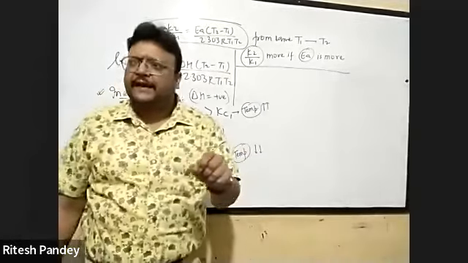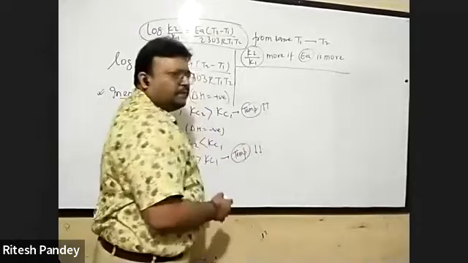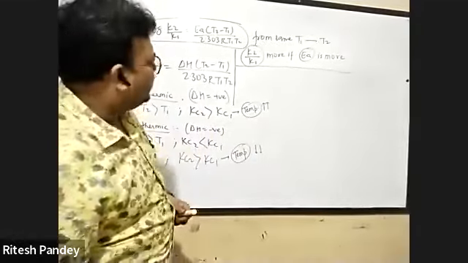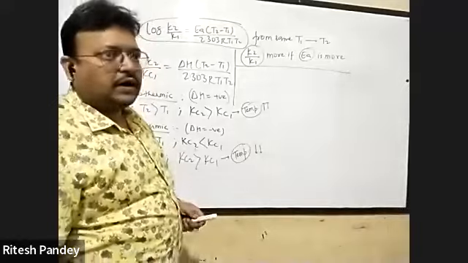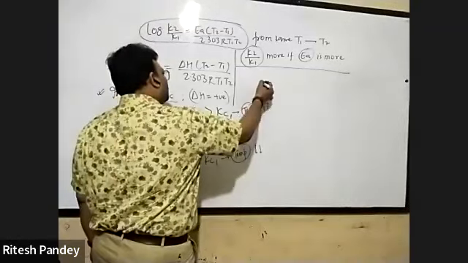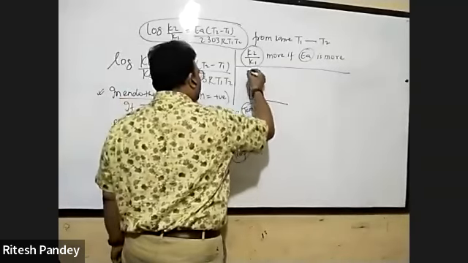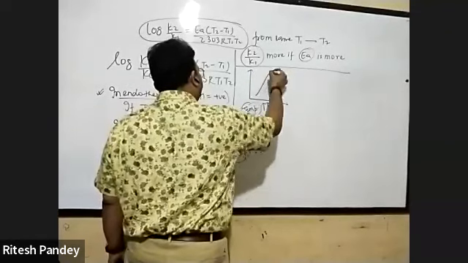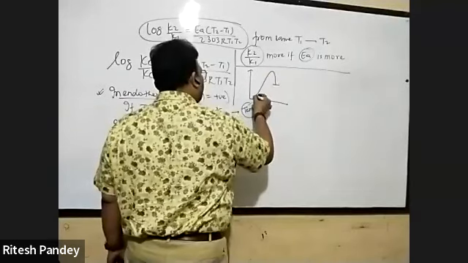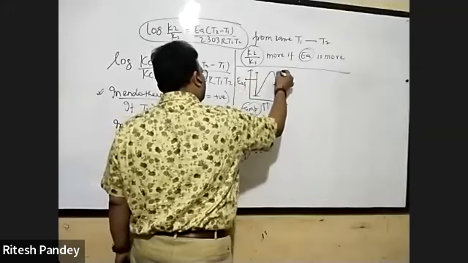मैं बताया ना एंडोथर्मिक में EAF is more than EAB. हाँ, I mean, I don't mind drawing a plot again, and in endothermic, I make you see that EAF is more than EAB.